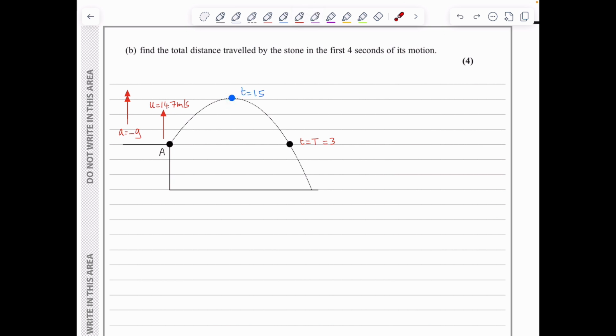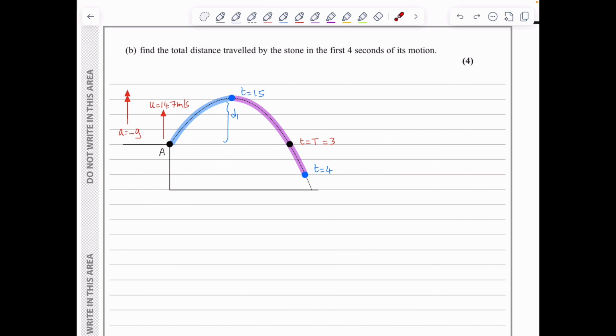Now I'm trying to find the total distance during the first 4 seconds of its motion. So when t is 4, I'm somewhere here, and I will start by considering the journey upwards, this part here. I'll call this distance D1, and then I'll consider the journey from the maximum point down to t being equal to 4. So this is the journey we're considering.